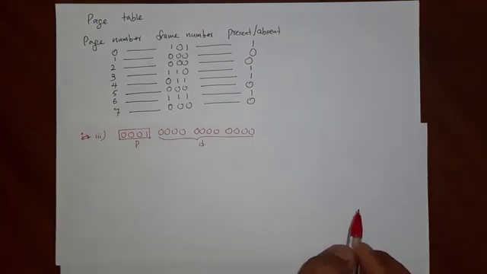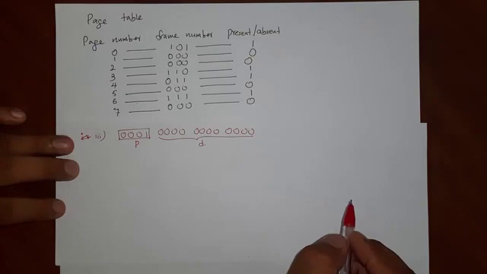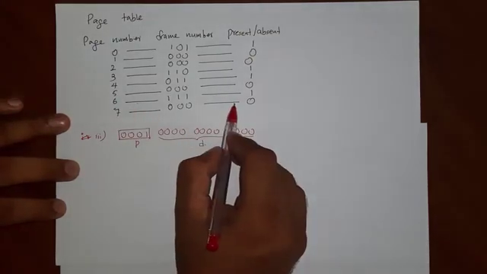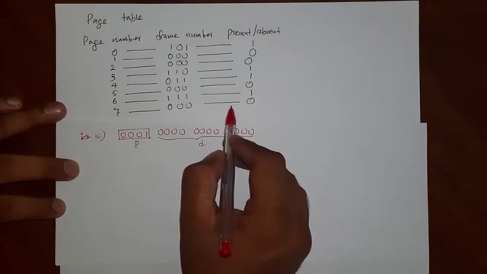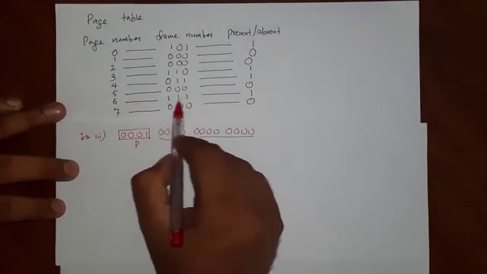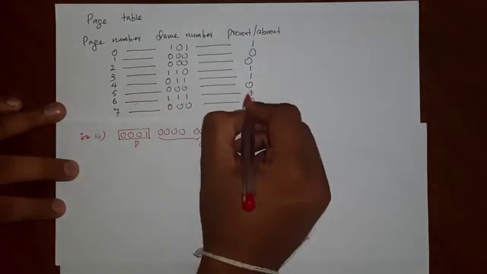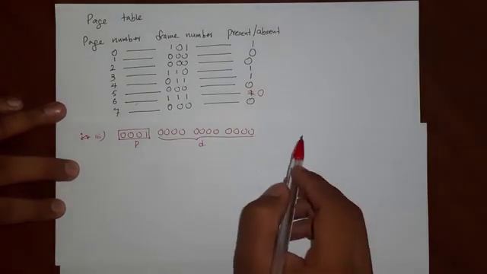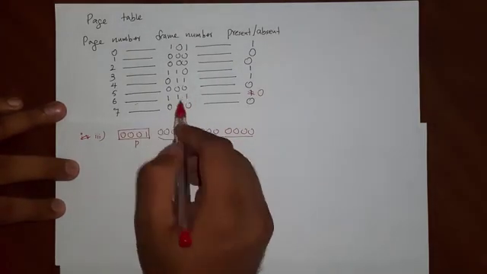This is requested. So page number 6 in the above page table changed from 1 to 0. So this will be removed. Yes, this one is not valid now, 0. So this page 1 can be copied here.